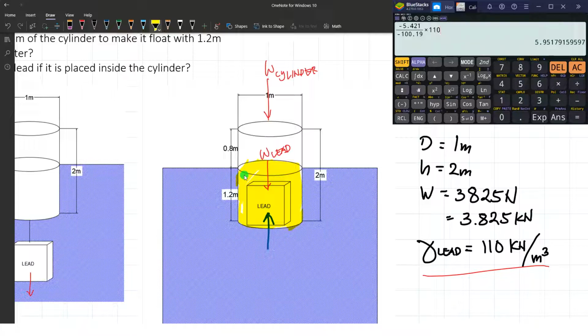So since lead is inside the cylinder, we can only consider the volume displaced by the cylinder only. So it means we only have here one buoyant force. Since lead is not submerged in water, we will not consider the volume of that. What is only submerged here is the cylinder. Okay, so I hope you got it.